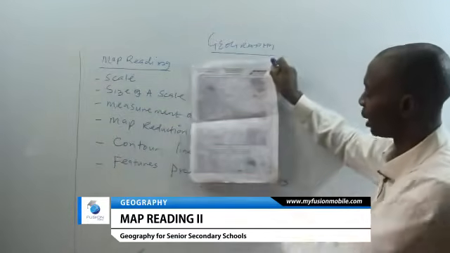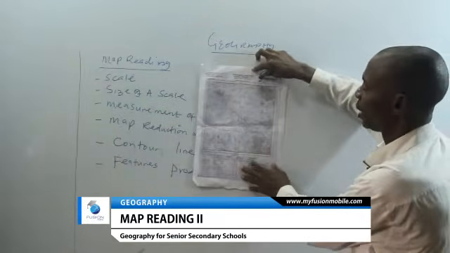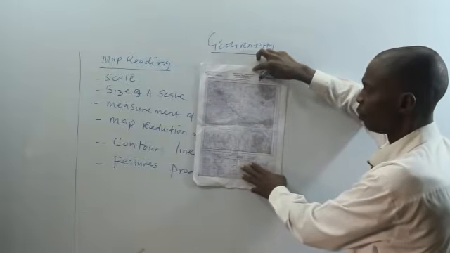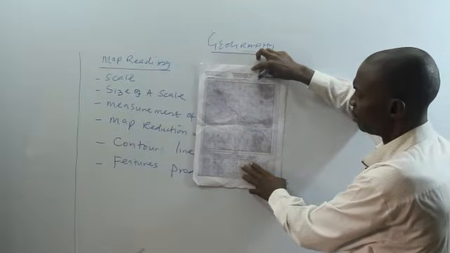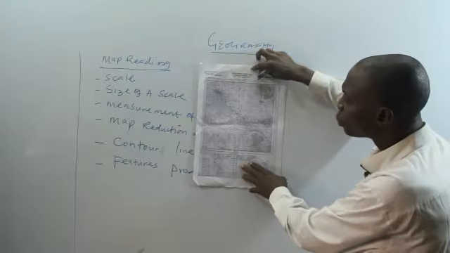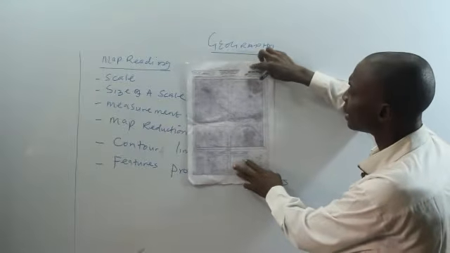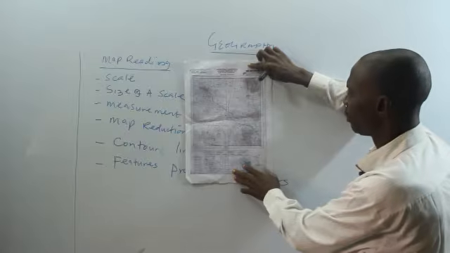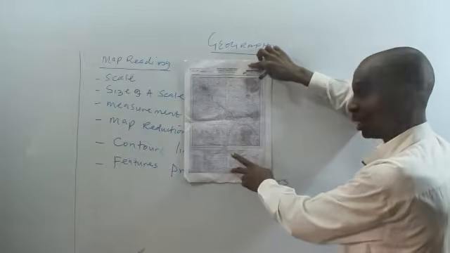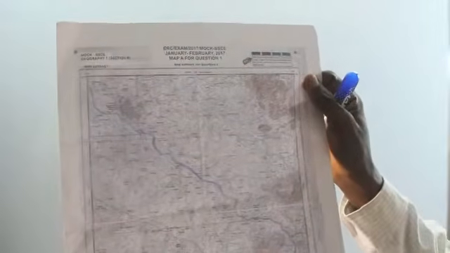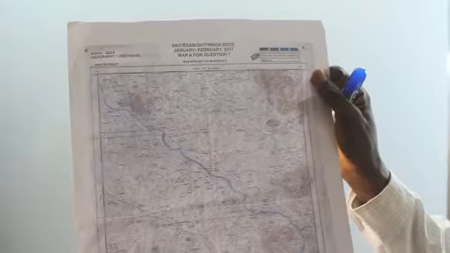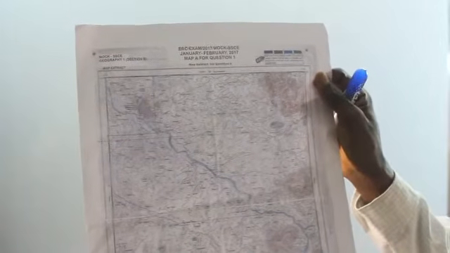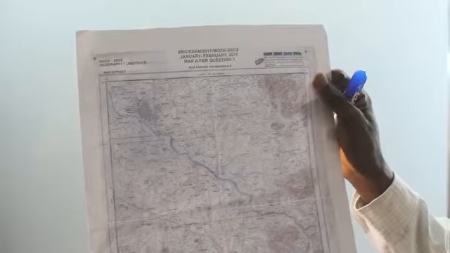I showed us an example of a linear scale, if you have not forgotten. If you look at this map, this is a cartographic map produced from one of our secondary schools in Nigeria. I think this is a mock exam, January, February 2017.